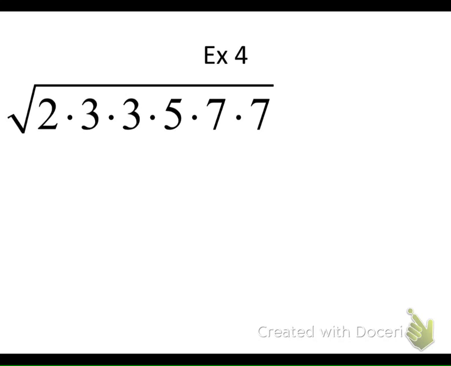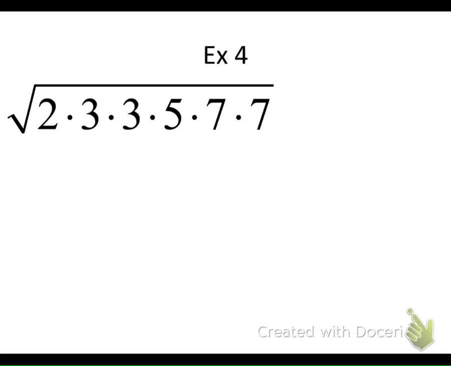Make sure you put that square root sign in there because it's going to be important. Some people sometimes forget to put the square root sign, and that changes the makeup of our question and answer. Raise your hand if you can tell me what pairs I have here.